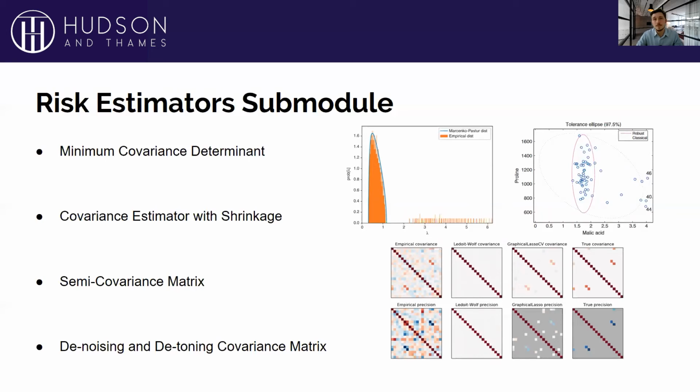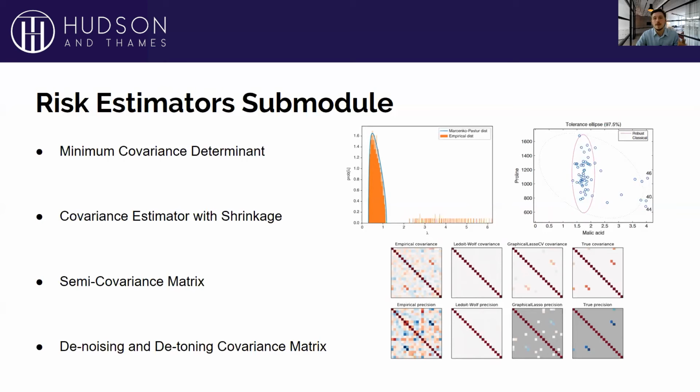Now for the risk estimator submodule. This is a part of the portfolio optimization module, which has tools that are closely related both to codependence and to portfolio optimization. These tools are applied to covariation or correlation matrices or measures, and are aimed to tackle the caveats that they have.